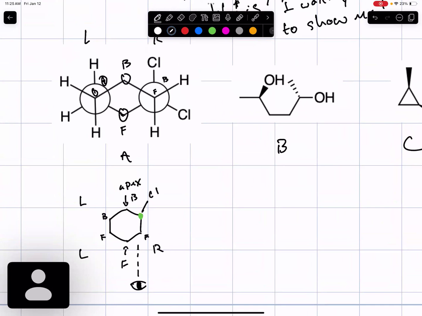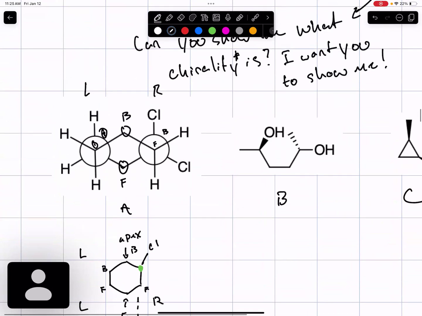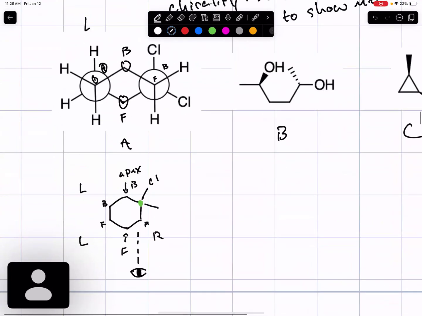Is it 1 chlorine? 2. Look, two chlorines, right? There are two chlorines on the back carbon, attached to the same carbon. You all see that? Okay, cool.